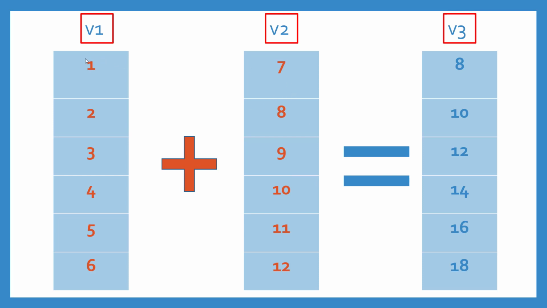What R would do is take the first element of v1, add it to the first element of v2, that would be 8, then take the second element of v1, add it to the second element of v2, that would be 10, and so on and so forth.